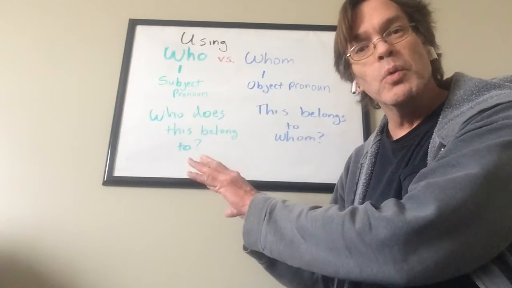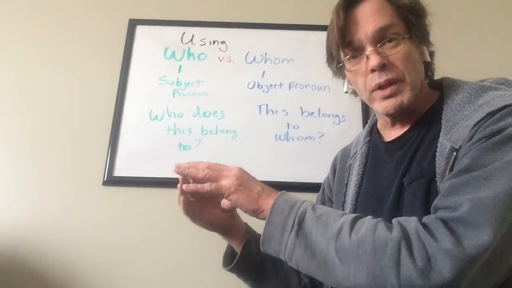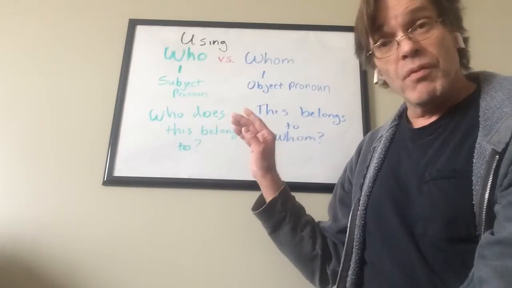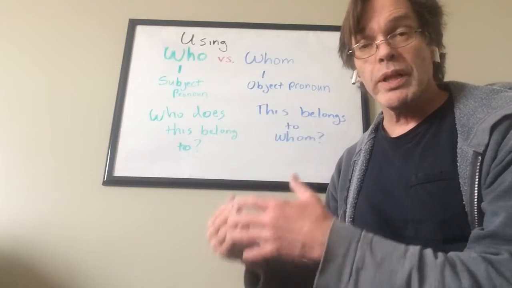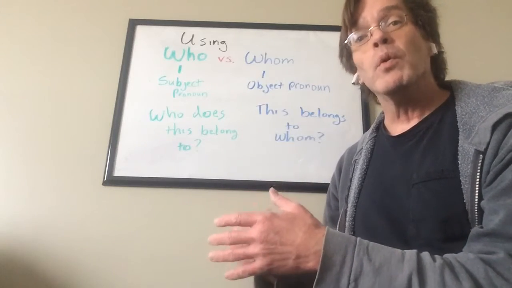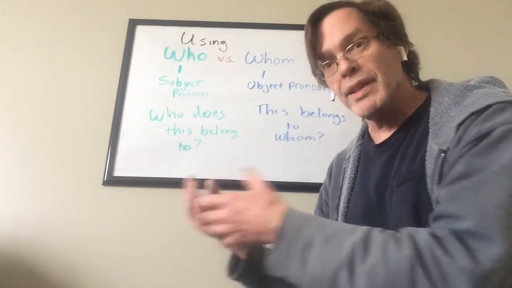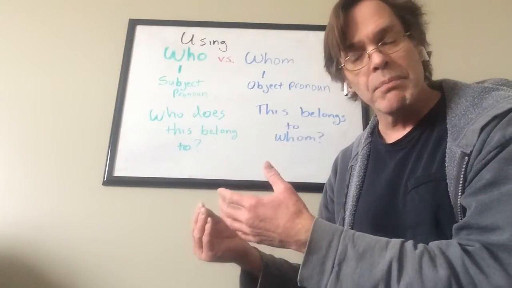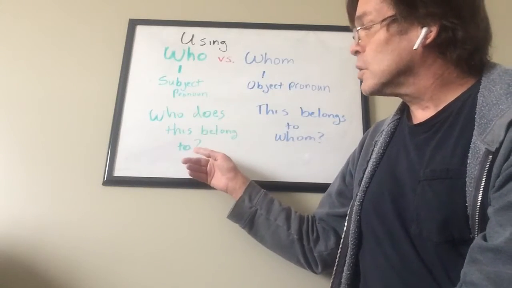Now for who, sometimes it doesn't work, this little trick, because in a lot of cases, you need to change the wording of the sentence in order to make the sentence usable with this little trick that I mentioned. So for example, who does this belong to?